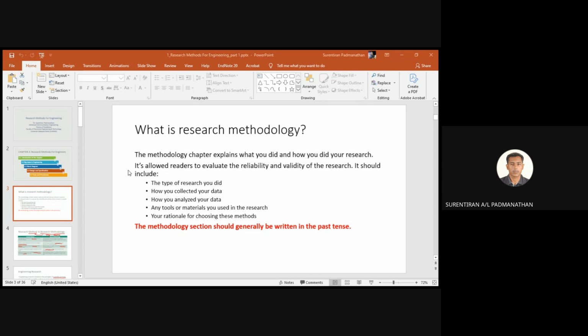After deriving the objective, you have to state the scope. I want to do this project within this limit only, because your objective must be very specific. We need a scope because we want to limit ourselves within a certain field area.